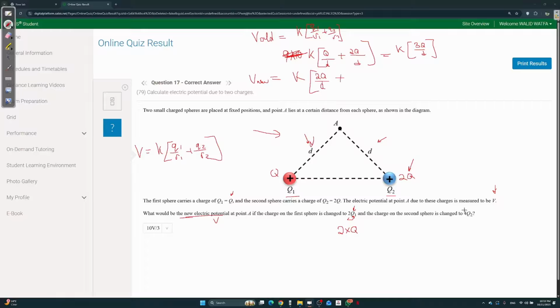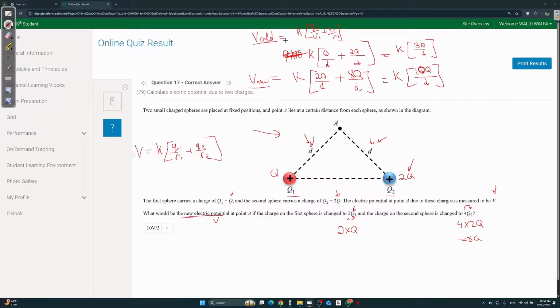Q2 now became 4 times the old one. The old Q2 was 2Q, so it's now 4 times 2Q, so 8Q. So 2Q plus 8Q divided by R2, which is the distance D. So it's K times 10Q over D.